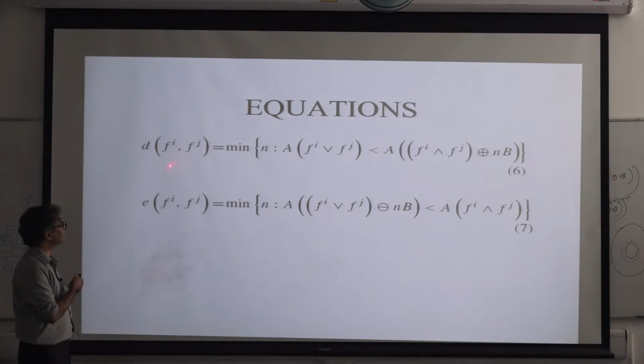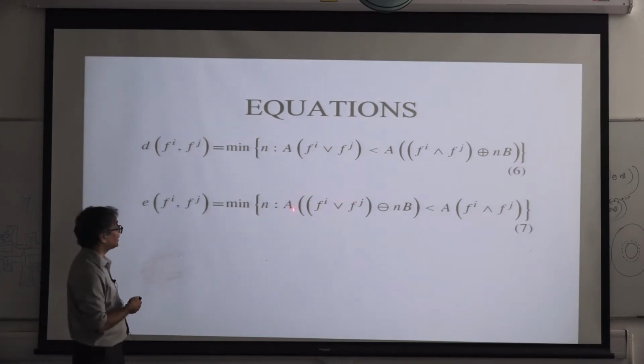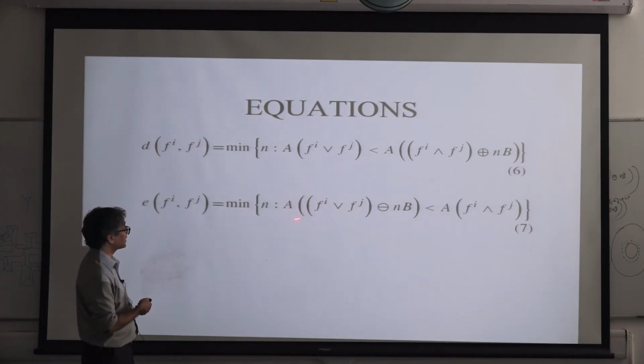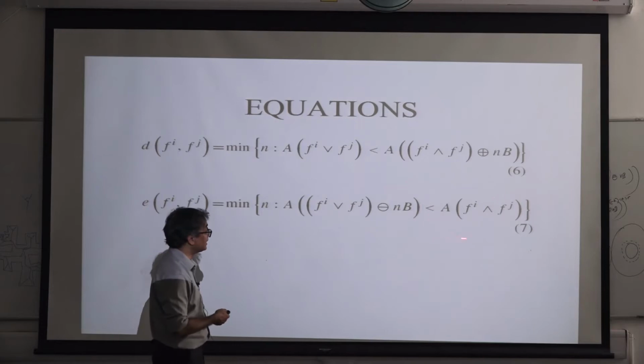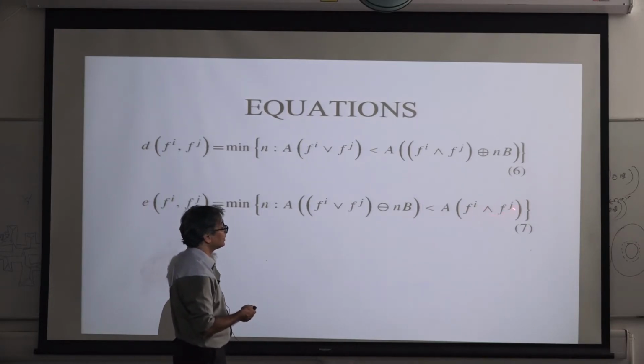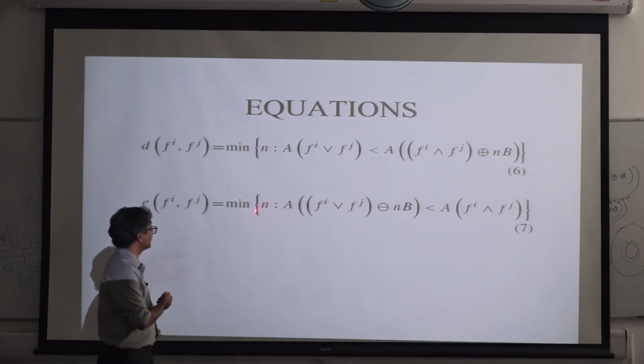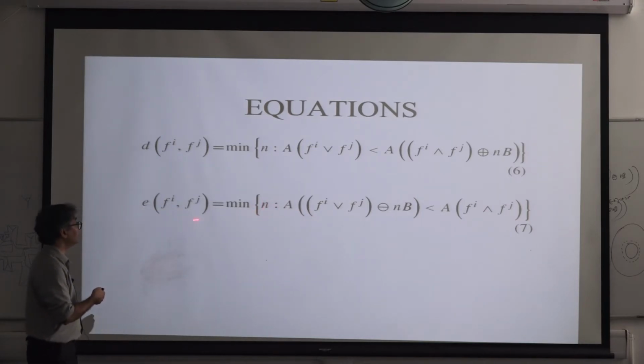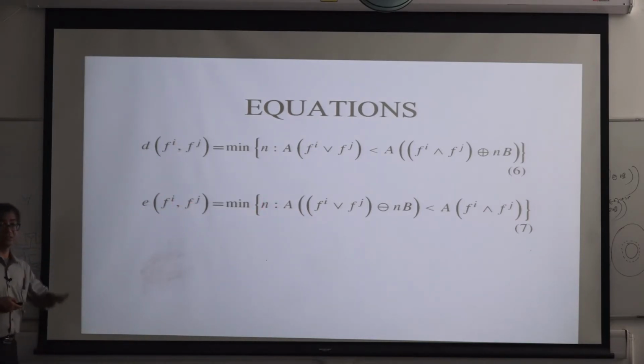This is the dilation distance. Similarly, you take the suprema, its corresponding area, and you keep eroding this until it becomes lesser than the area of the infima of Fi and Fj. And what is that n satisfying that property? The minimum n, that is the erosion distance. These two distances are very interesting to find out probably similar basins.